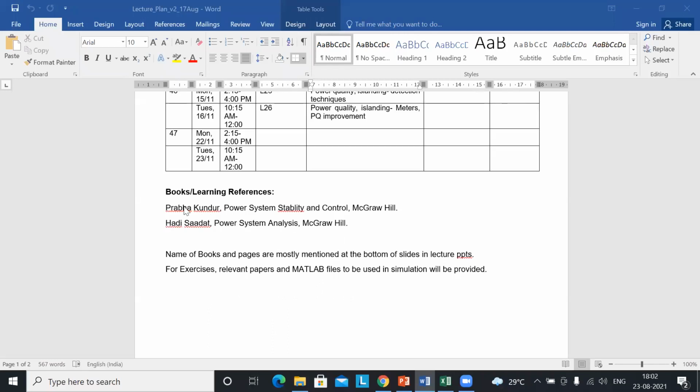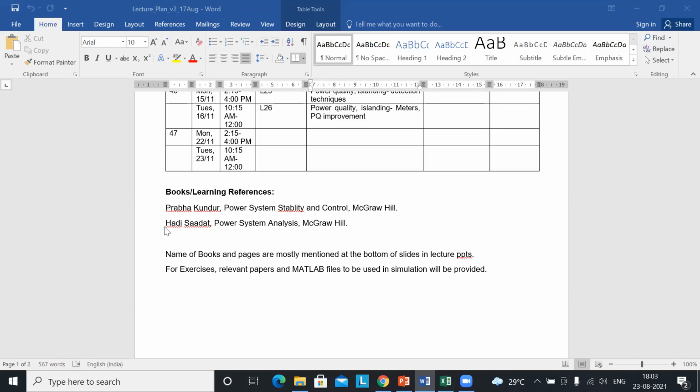I can advise this. I have also read another book by P.M. Anderson, which is also quite a good book. I have not listed it here, but I sometimes get confused with the notations in Anderson. With the Kundur book, the notations are very clear, and thus I always advise my students at the advanced power system level to refer to this book.